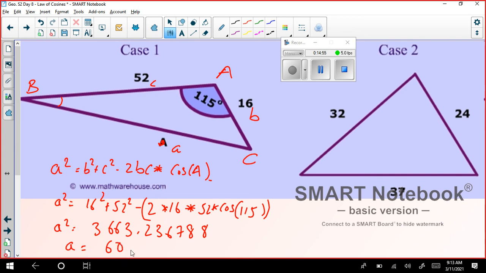So now I have A, I have C. I just need to find one of these angles. The third angle can be found.